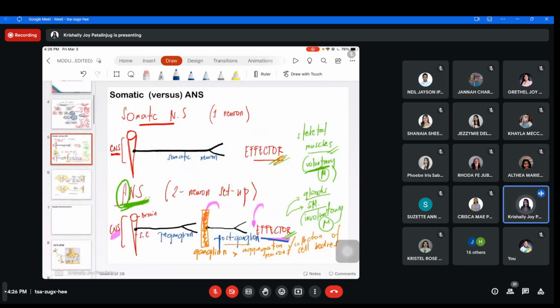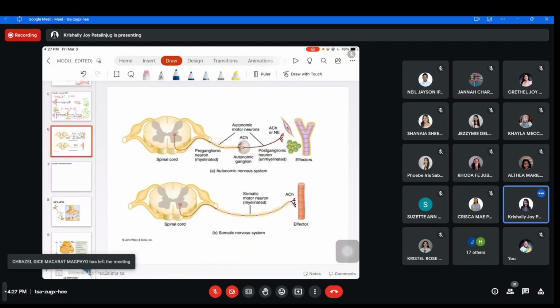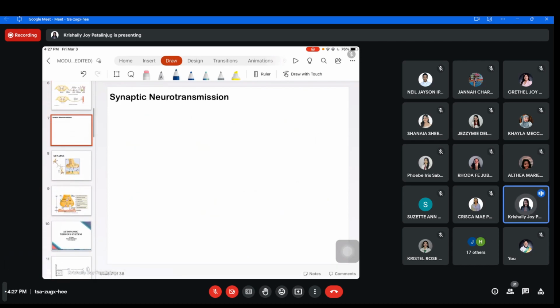Okay, then I was able to discuss also the difference of somatic versus ANS. So the same with this figure, it tells us the difference of somatic and ANS. And then, sorry if I deleted already the writings, but I hope you were able to understand the concept of synaptic neurotransmission. Okay, it's more on the transmission of the impulse with the presence of the synapses.